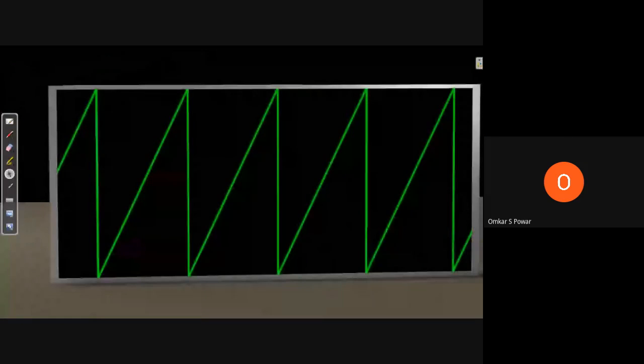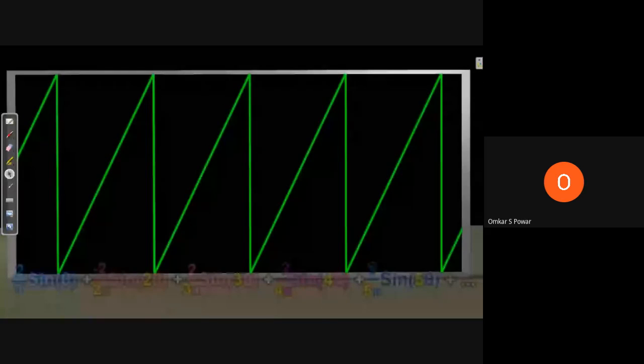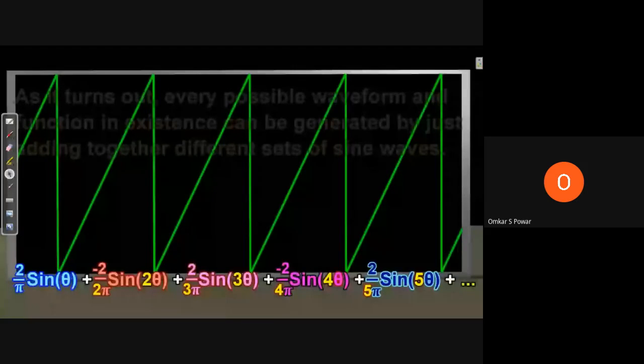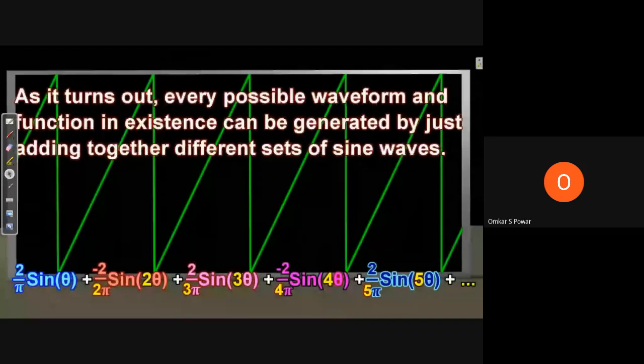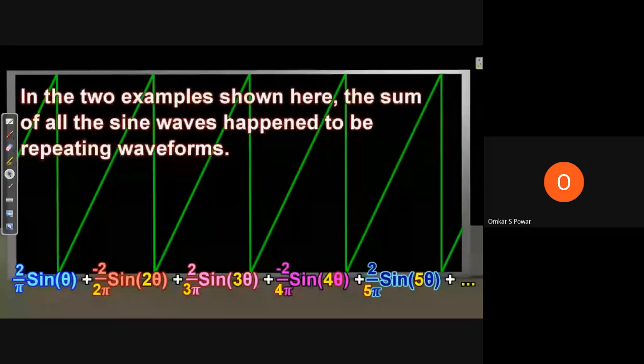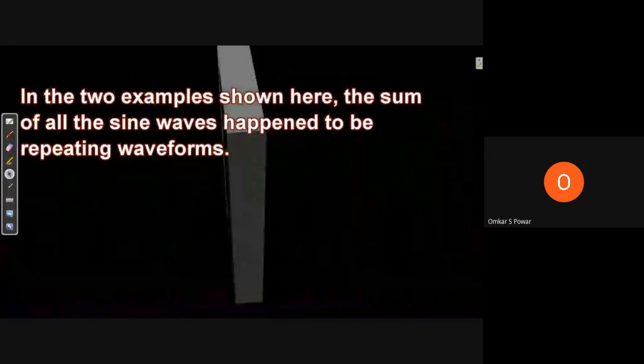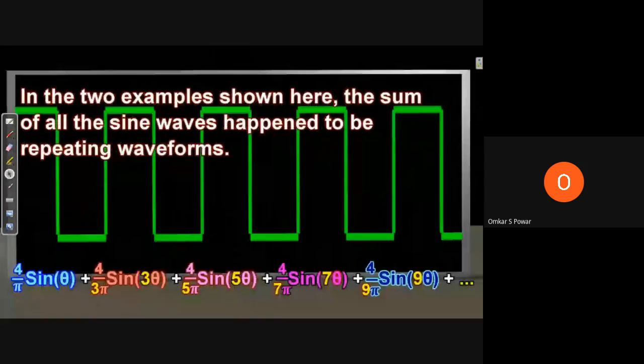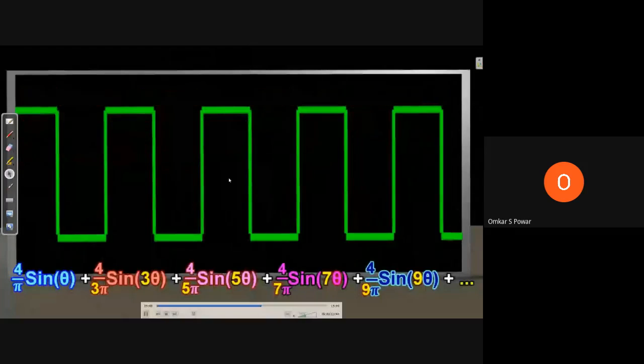So by adding an infinite number of sine waves, now we have produced this ramp wave. So what conclusion can we get from this one? Any wave can be decomposed into sines and cosines. So that is the main intuition we should get from this one. So this is the practical video which has demonstrated this one.